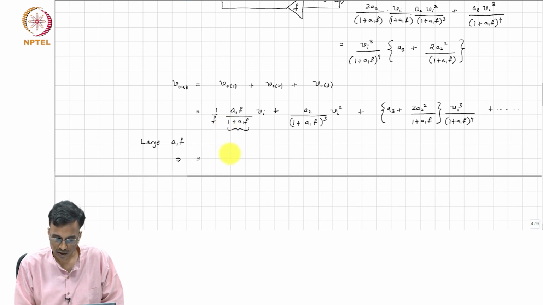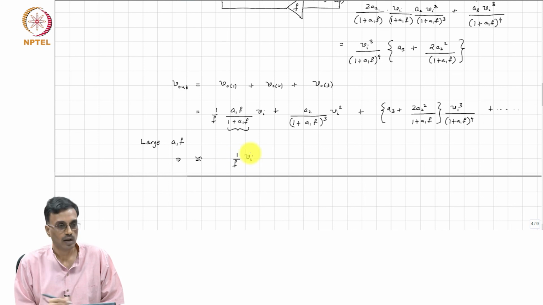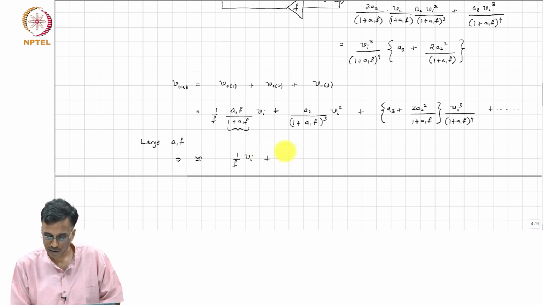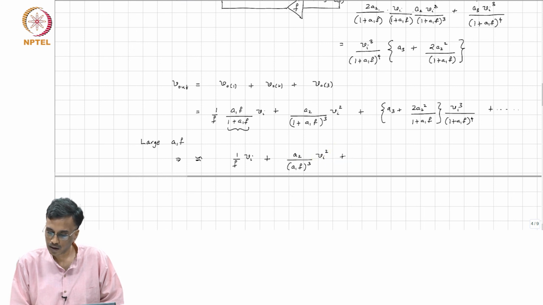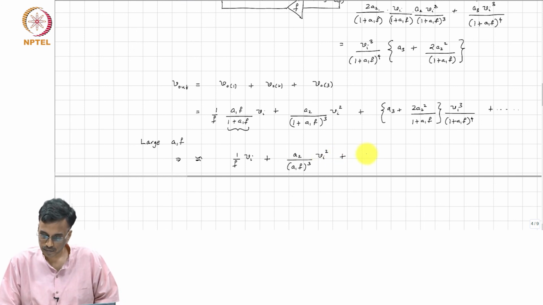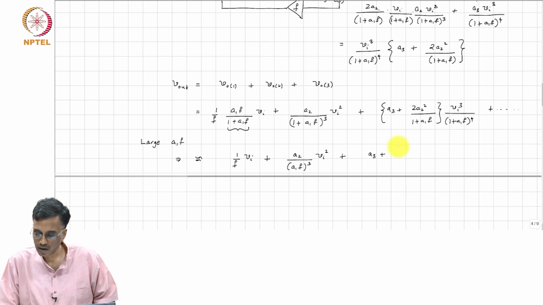So, this is basically approximately 1 over F times Vi, correct, plus A2 by A1F the whole cube times Vi square, plus A3 plus 2A2 square by A1F times Vi cube by A1F whole power 4.